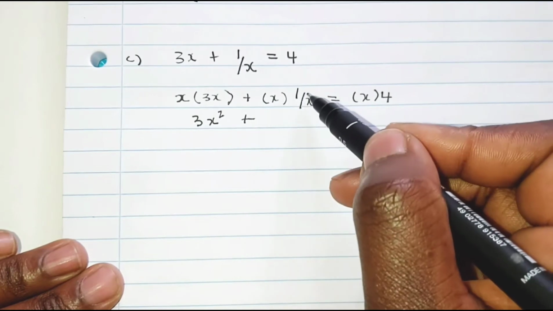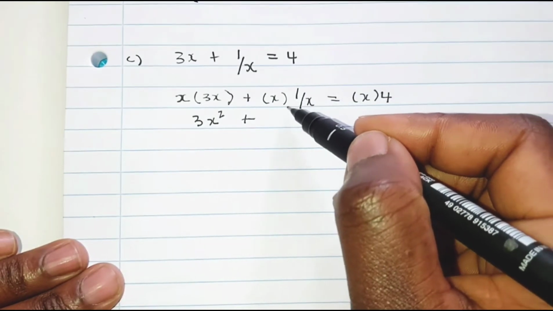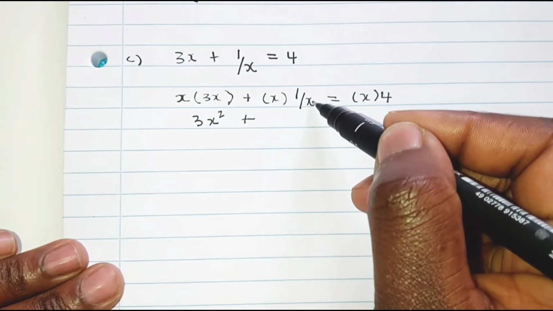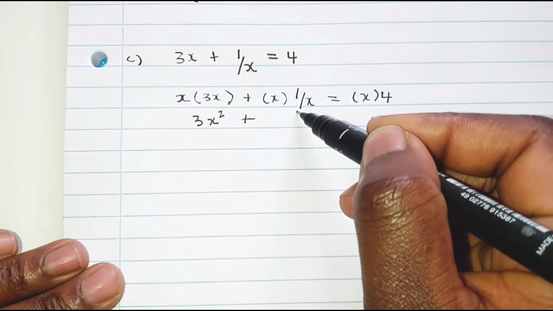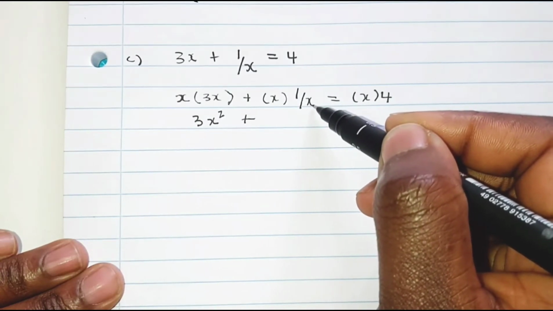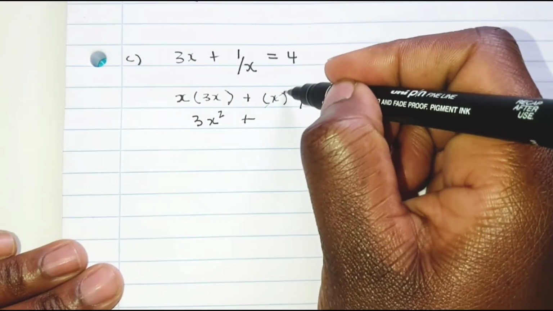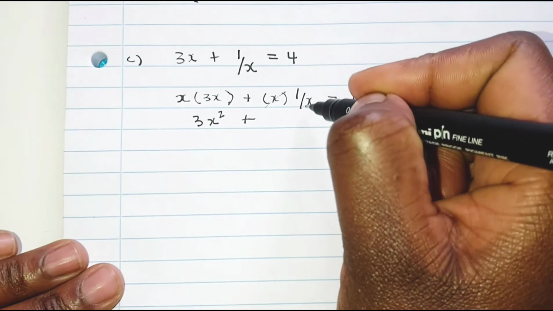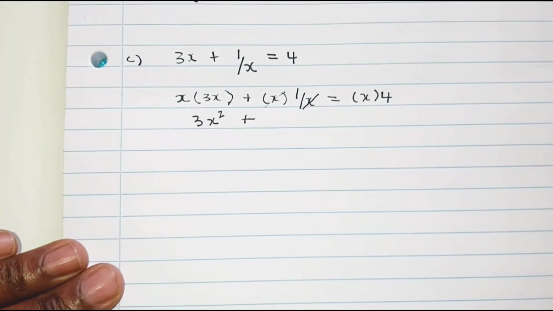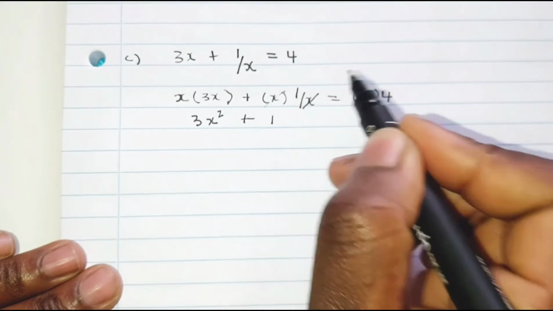So x multiplied by this is going to cancel this x, right? It's going to cancel the x, then we are left with 1, right?